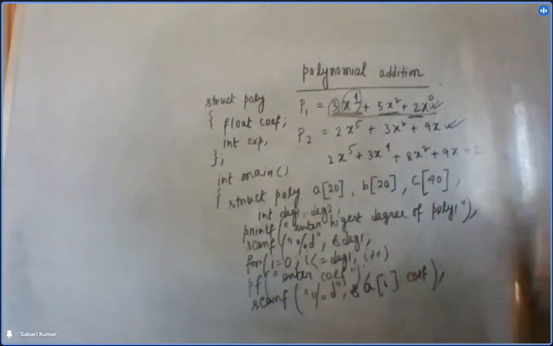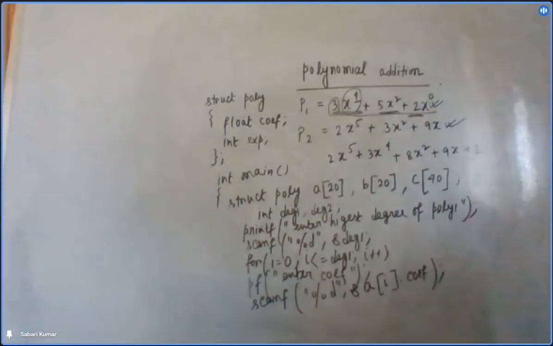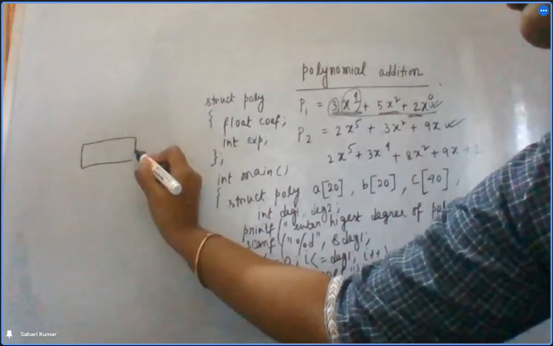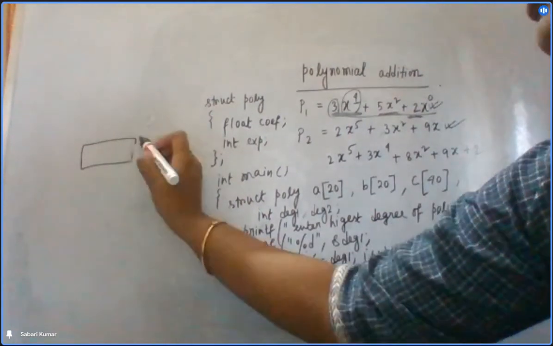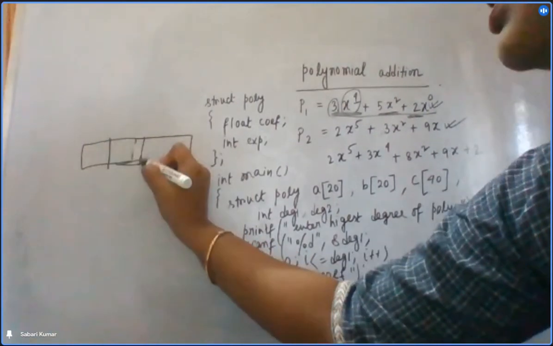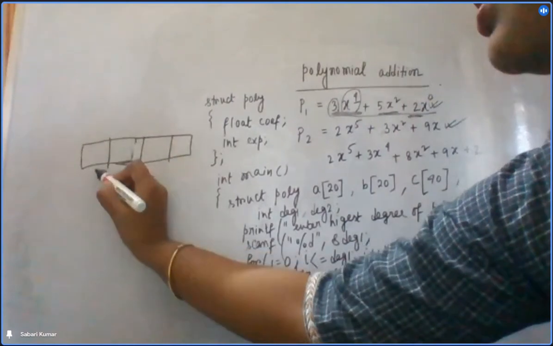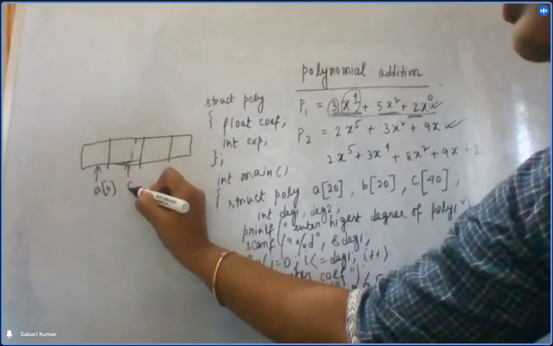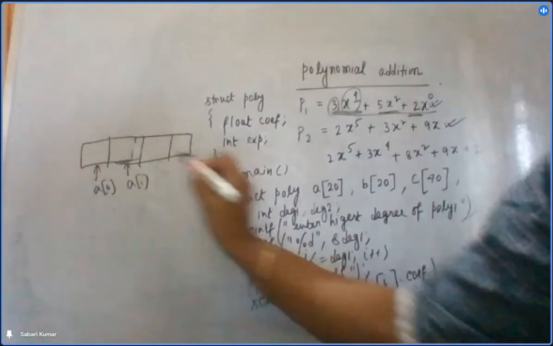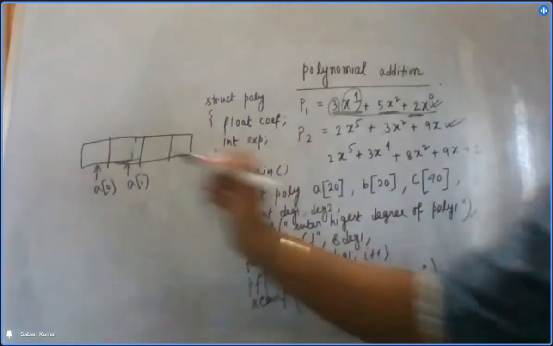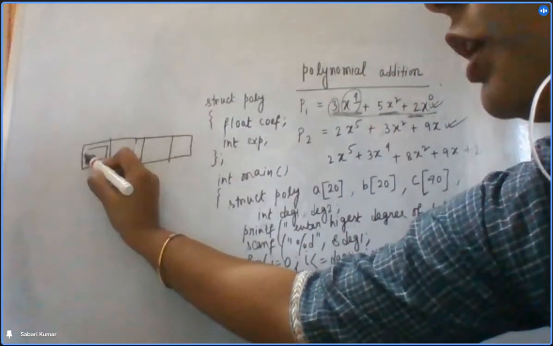কারণ যখনই আমি এটা নিয়েছি, I have taken that part, that means there is an array of structure variable. That means this is the first element a of 0, this is the second element a of 1, but all elements are not normal elements, they are structured variables. So inside this part, two divisions are there.